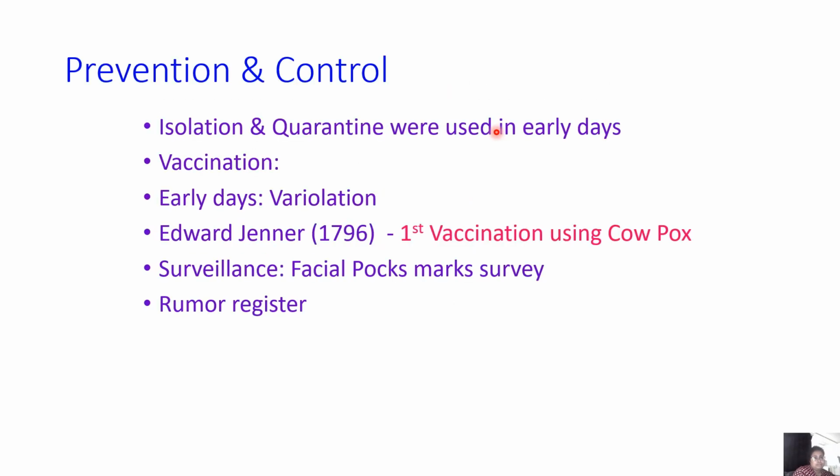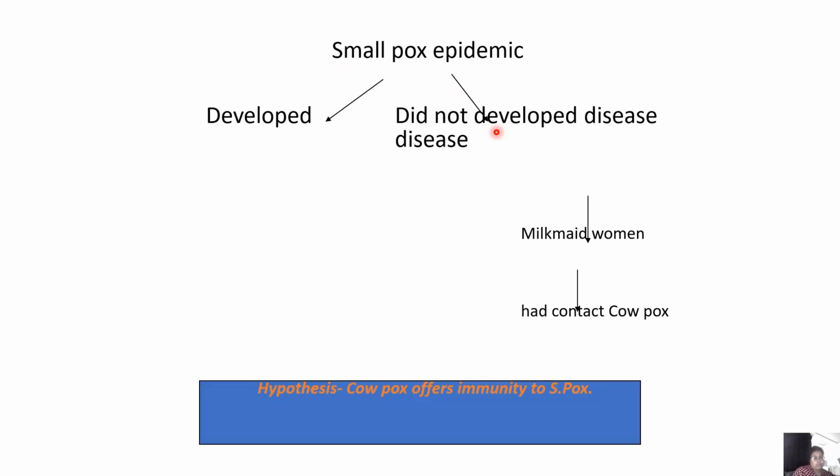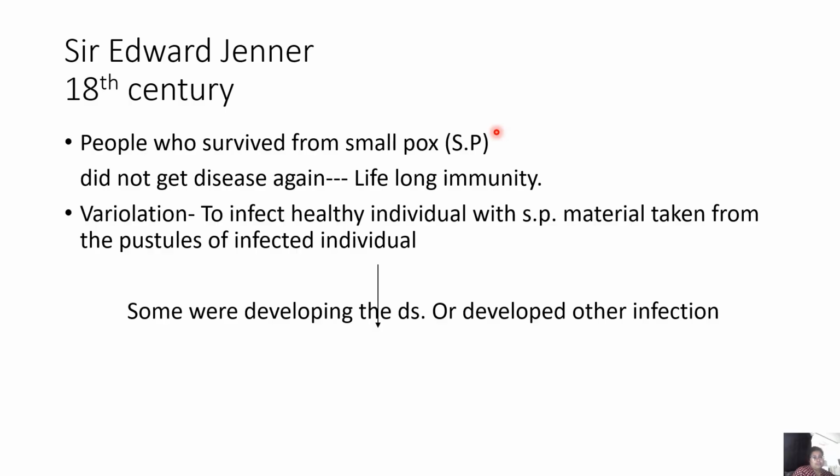Now, the eradication. People who survived smallpox did not get the disease again; they got lifelong immunity. Variolation is basically to infect a healthy individual with smallpox material taken from the pustules of an infected individual.